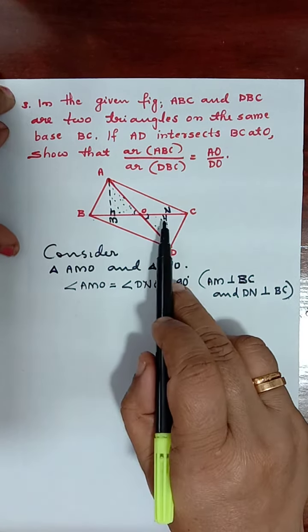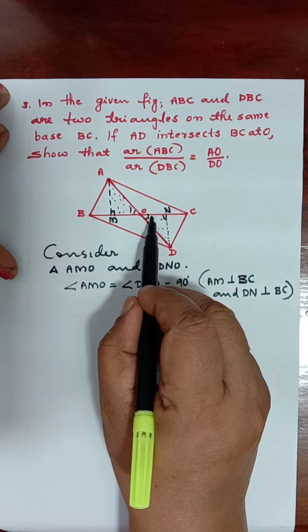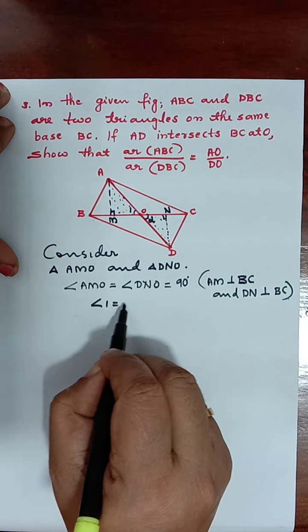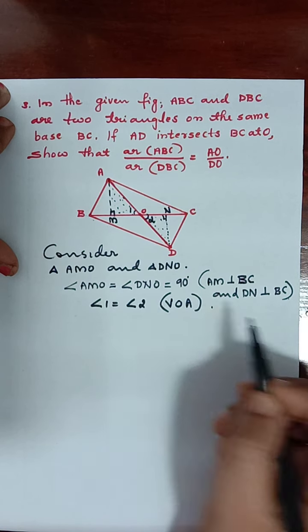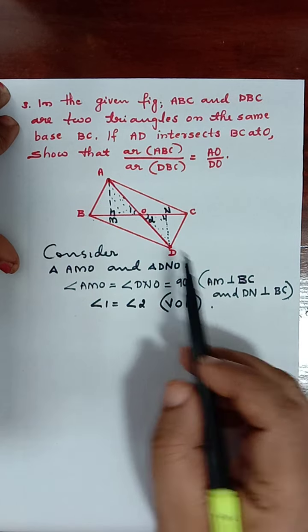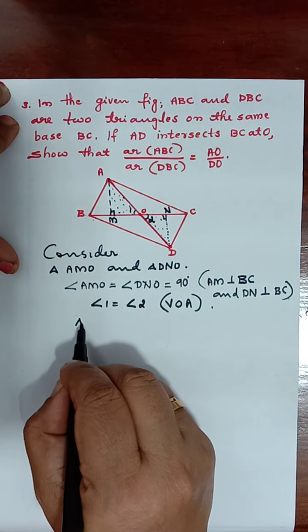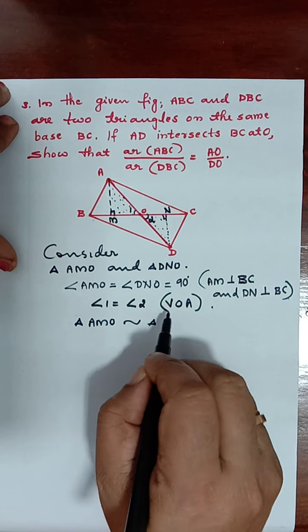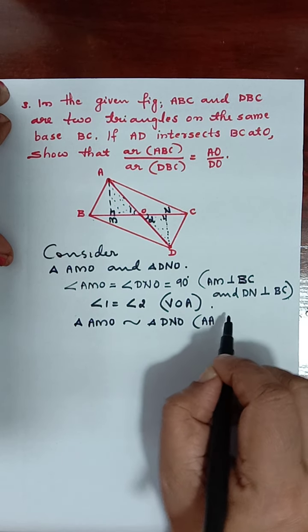Okay, the perpendicular is there, so 90 degrees. Now we can label the first angle 1 and the second one 2. They are vertically opposite angles. Angle 1 is equal to angle 2, vertically opposite angles. Since these two angles are equal, corresponding angles are equal, so we can say these two triangles are similar. Triangle AMO is similar to triangle DNO, which is AA similarity.